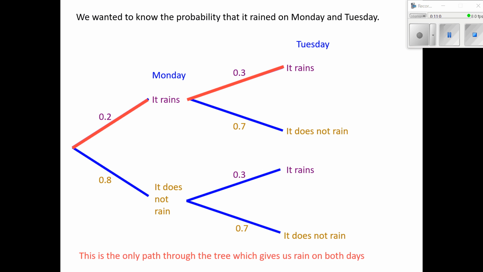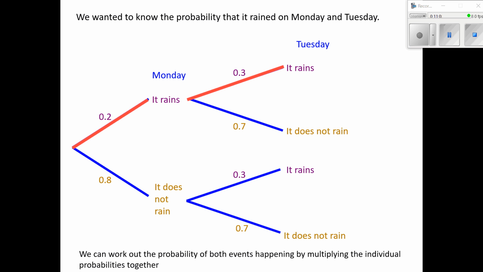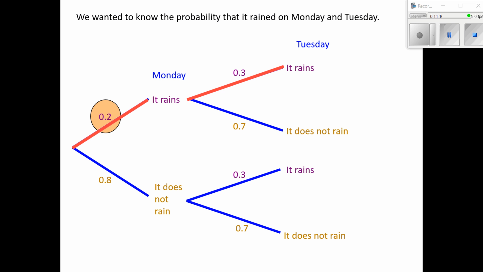So what we're doing is we're just following the path here. And what we're going to do here is we're just going to multiply each of the probabilities if it rains on Monday and it rains on Tuesday. So we get 0.2 on the Monday, 0.3 on Tuesday. So just multiply them together and hopefully we get 0.06, which we do.